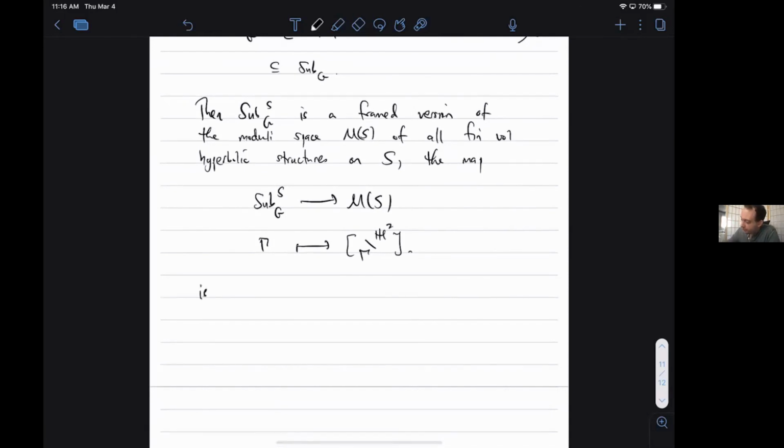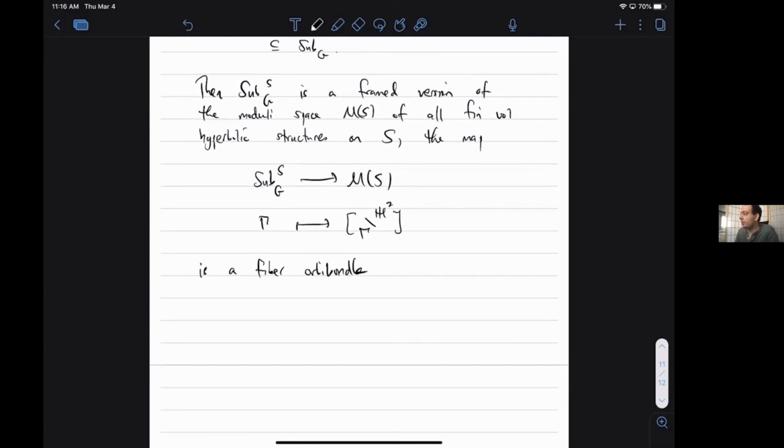And so this map is like a fiber orbibundle, a fiber bundle in the category of orbifolds, which moduli space is. And it turns out G_S is a manifold of dimension equal to the dimension of moduli space plus 3.